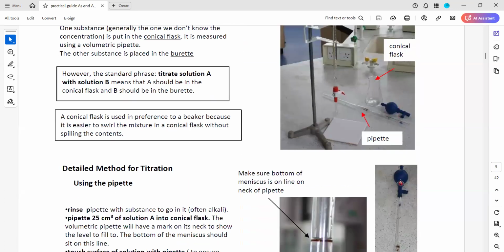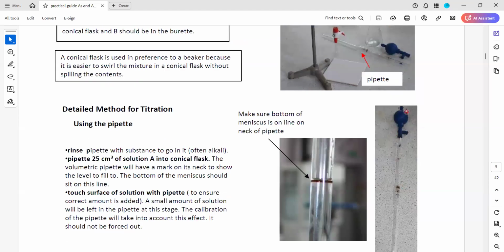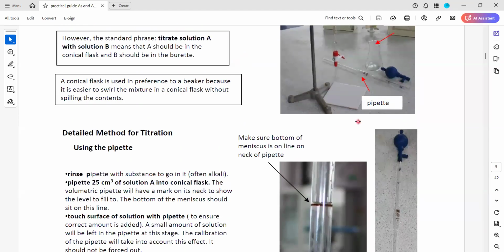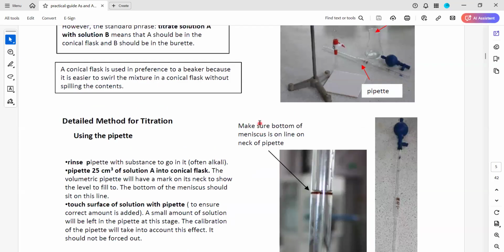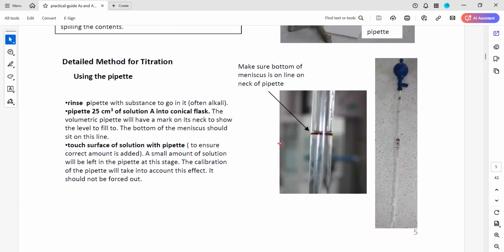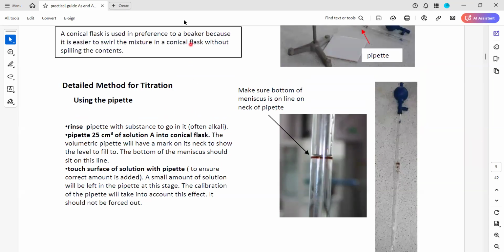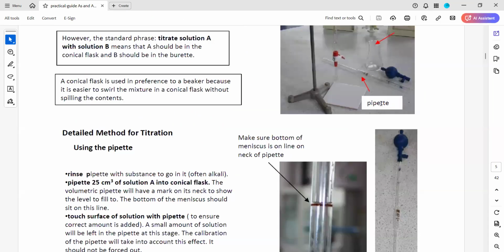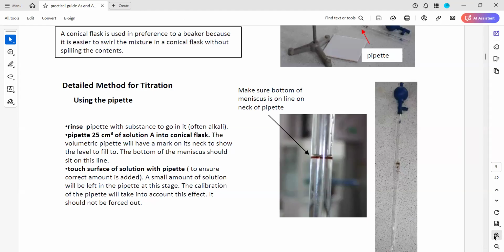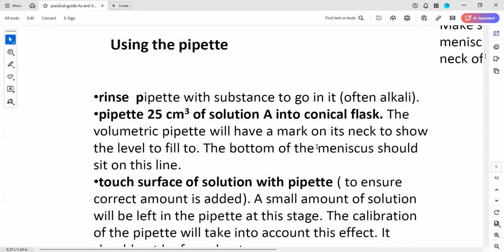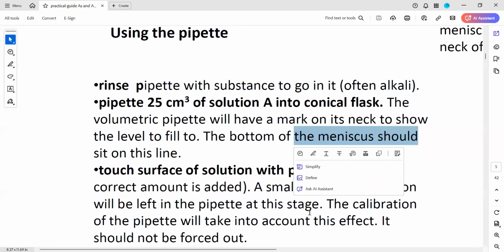This is a pipette filler. Make sure the bottom of the meniscus is in line with the mark on the neck of the pipette. If we have the bottom and the top of the meniscus, we always read the bottom of the meniscus.